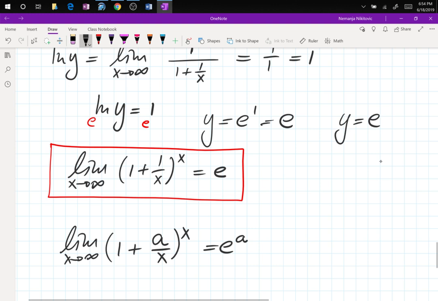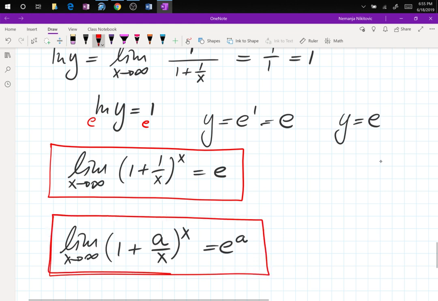If that a is 10, then it's e to the 10. That's a much cooler formula, right? With which you can get all other values. I think we're going to run through the proof with a now. It's the same, just dragging a throughout. Okay.